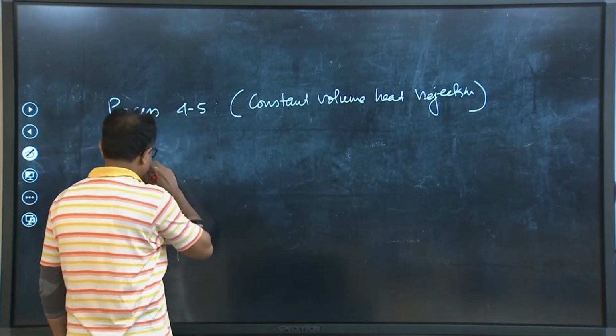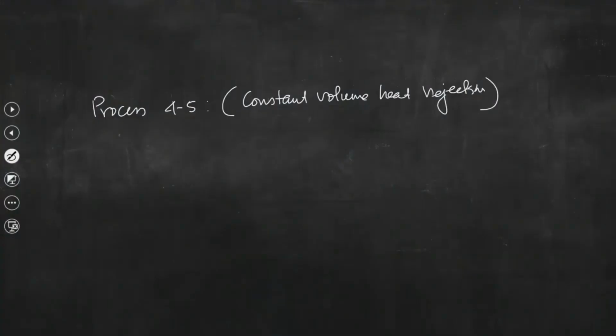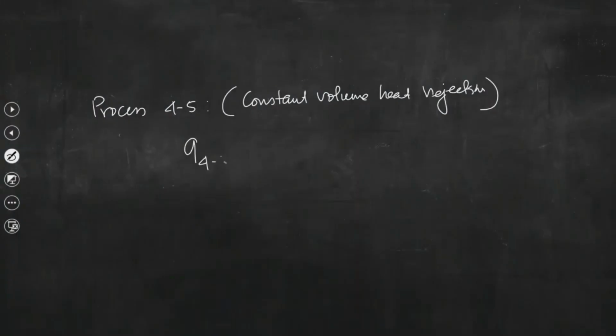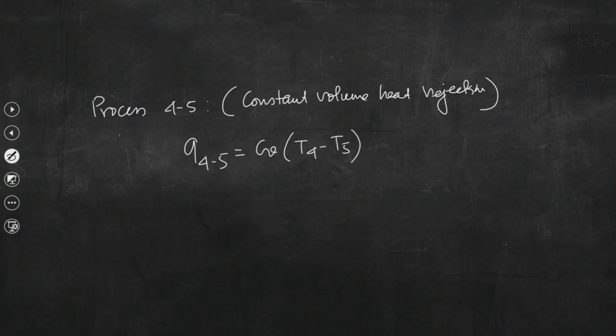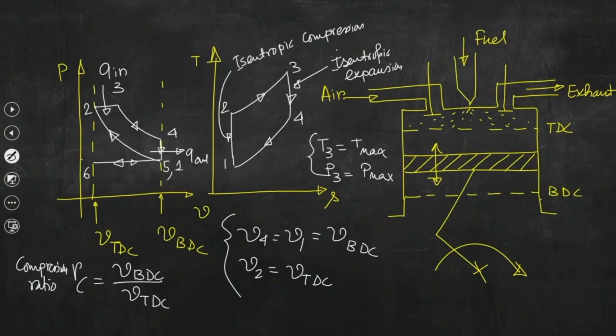This is a constant volume process, so work done is equal to 0. We can write Q45 equal to Cv into T4 minus T5, right, because if we go back to the previous slide, here, point 5 and point 1.